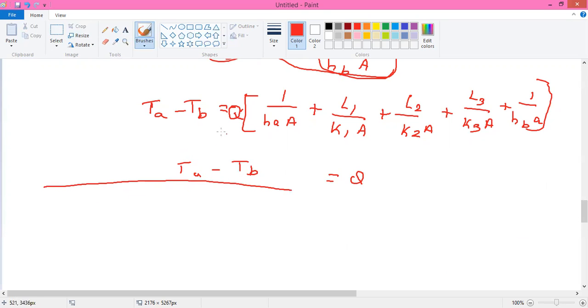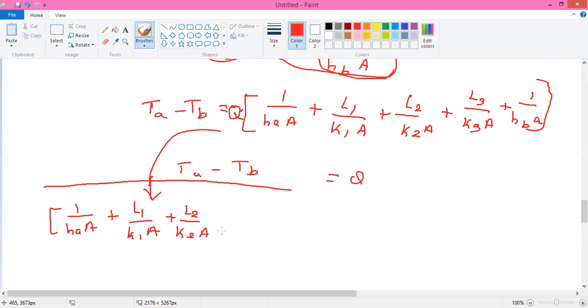So 1 by hA A plus L1 by K1A plus L2 by K2A plus L3 by K3A plus 1 by hB A. Here the area A is common, so I don't mention the area separately.